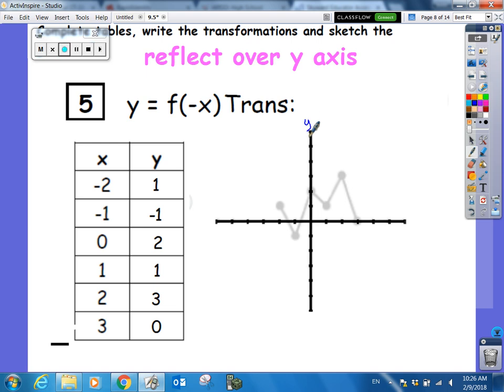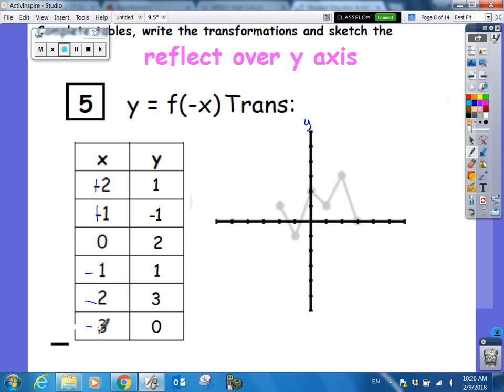Okay, y doesn't mean y change and x means x change. It's the opposite. If we reflect over the y-axis, the y value stays the same, but the x value switches. So all the x values, 0 obviously stays 0, are being multiplied by -1. They're reflecting over the y-axis.